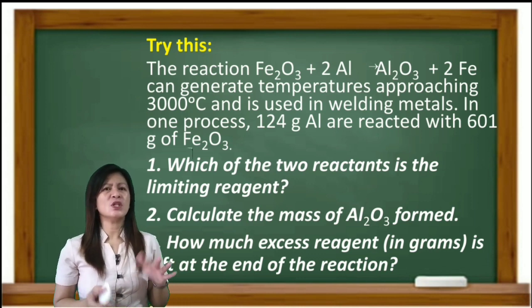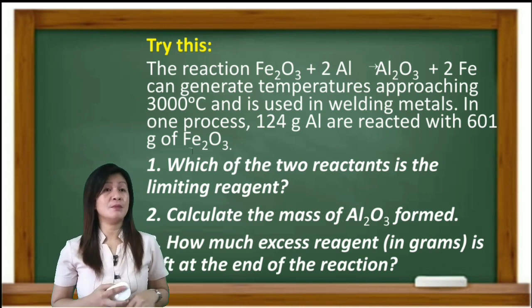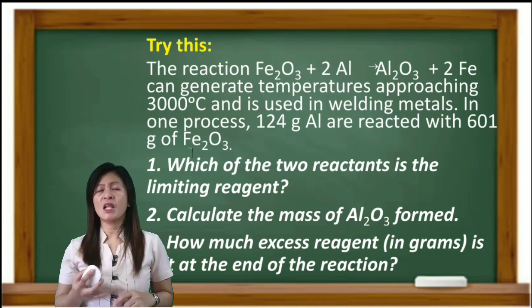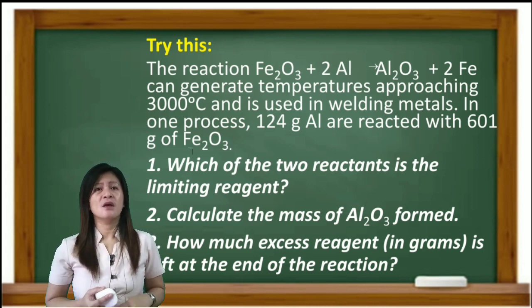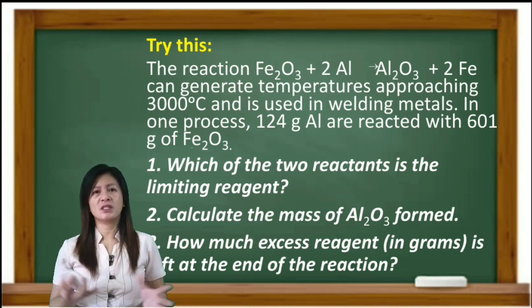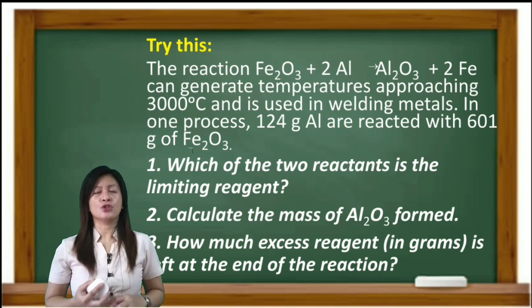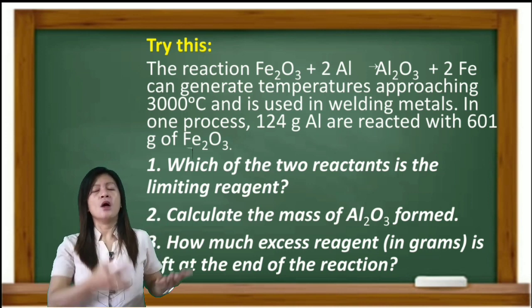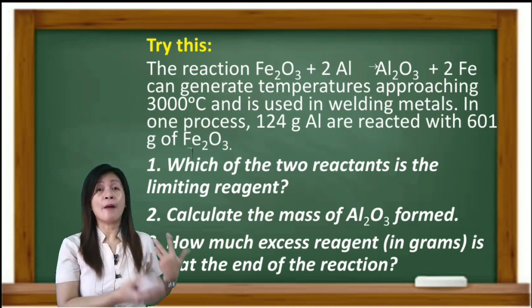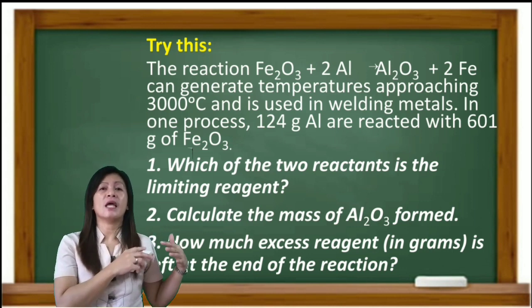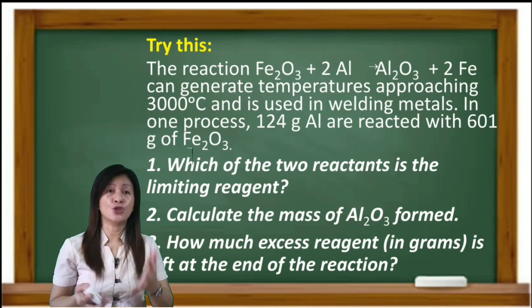Answer which of the two reactants is the limiting reagent, calculate the mass of aluminum oxide formed, and how many grams of excess reagent are left at the end of the reaction. This is exactly similar to our example, so just review those steps and answer this on your own.